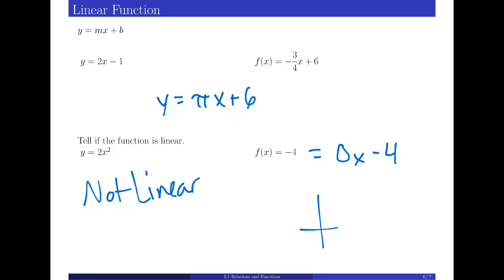If we were to graph it, we would get the horizontal graph of negative 4. So that is linear. But if we have anything else happening to the x, if we have x squared or x cubed, or if there's a square root of x, basically if there's anything funky going on in the equation, then it's probably not linear.